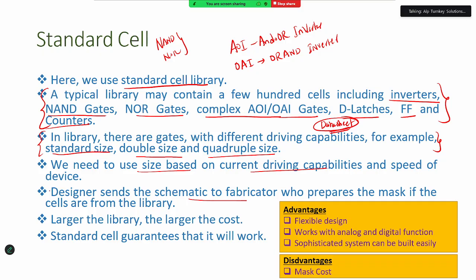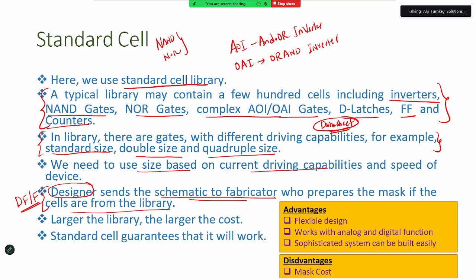Design, send schematic, fabricate. So here my requirement is, suppose I want to design a D flip flop. The designer sends the schematic to the fabricator. The fabricator will prepare the mask if the cells are from the library.